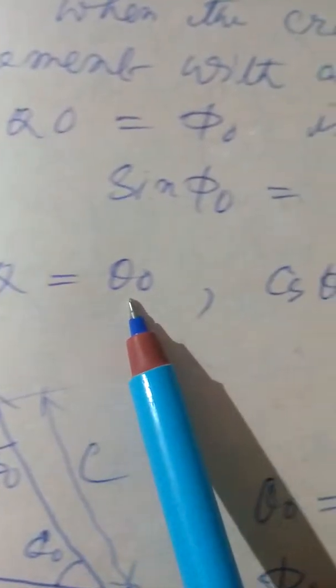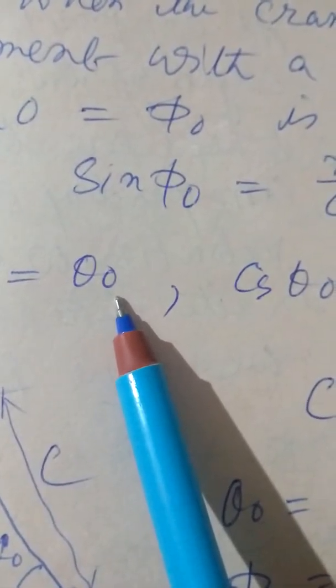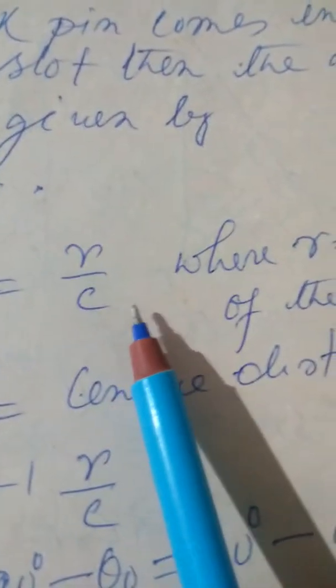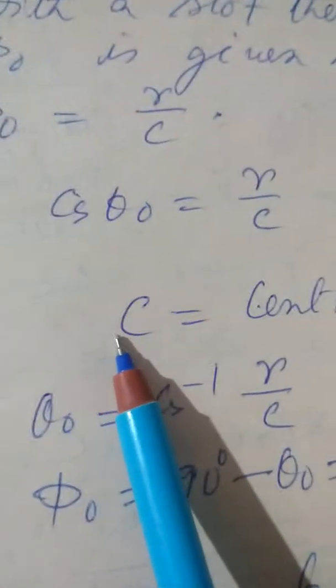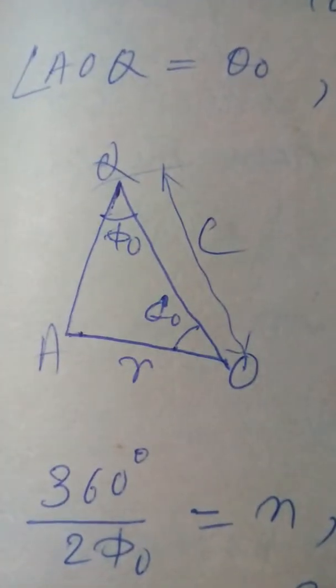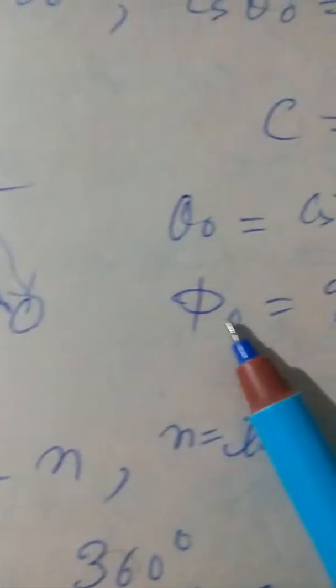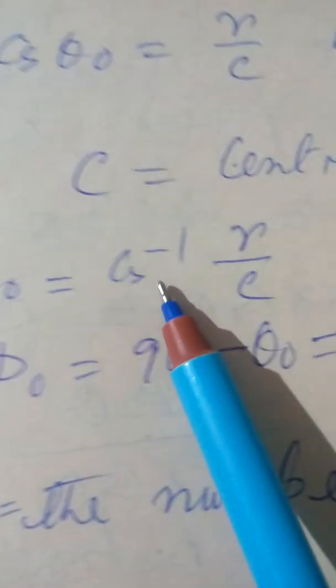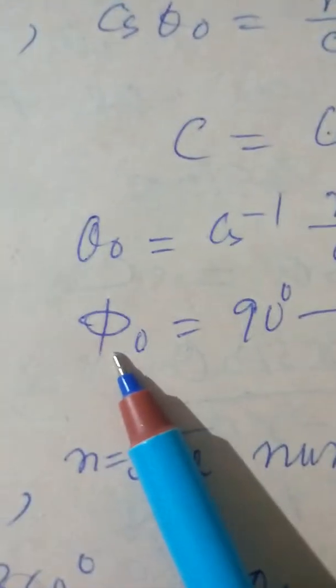Angle AOQ is equal to theta naught, so cos theta naught is equal to r by c, where r is equal to radius of the crank and c is equal to center distance. Theta naught is equal to cos inverse r by c. So phi naught is equal to 90 degree minus theta naught, so 90 degree minus cos inverse r by c.